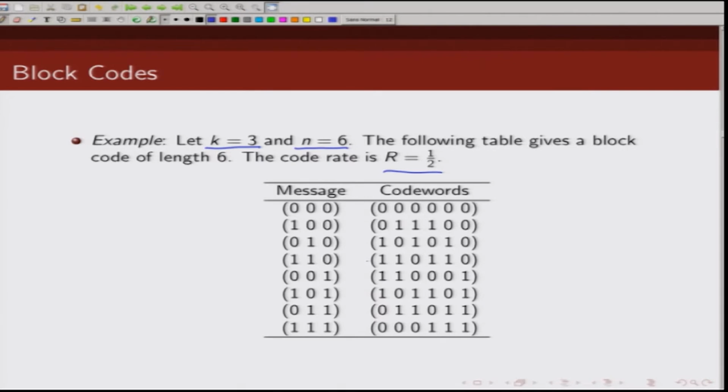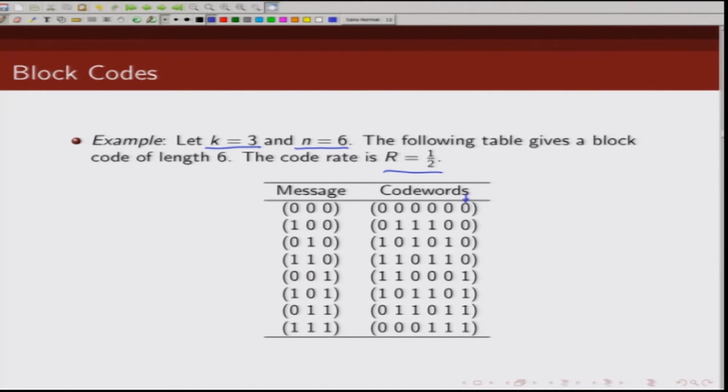Let us look at how we have found the message and parity bits for this particular code word. Let us look at each of the columns of these code words. Let us look at this column first, which is 00001111.